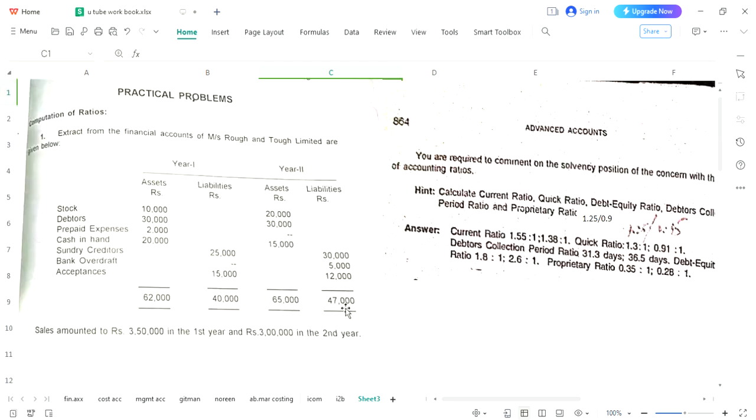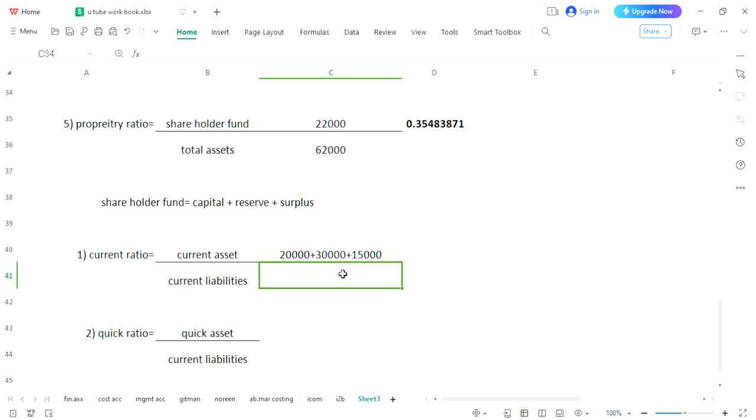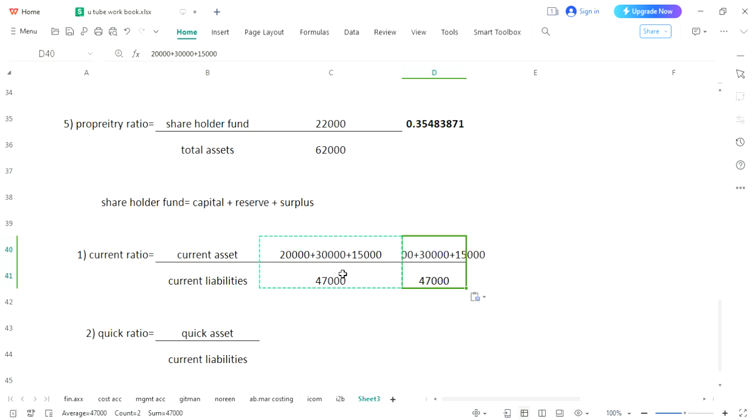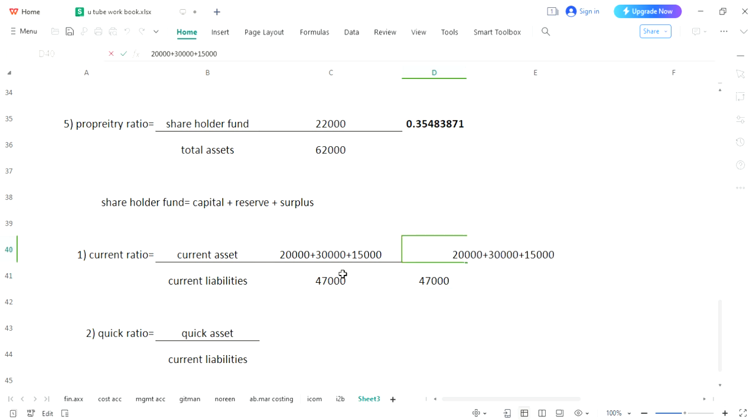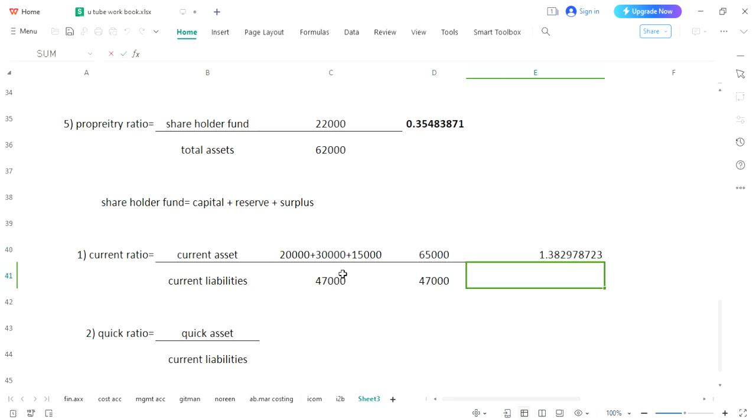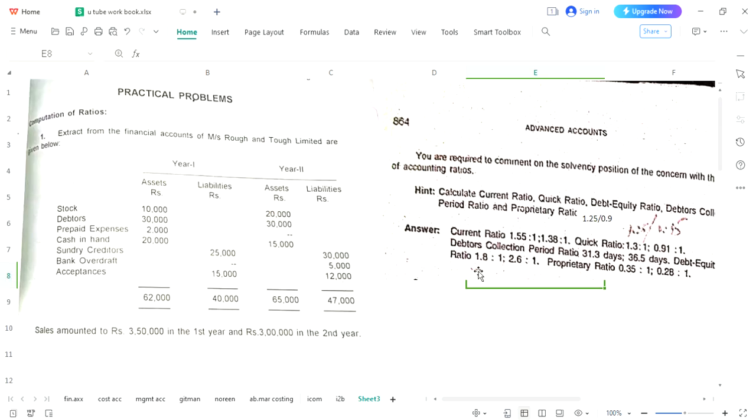Here are current liabilities. All are current. Creditors, overdraft, acceptances 47,000. We will be speedy over here because we have already understood everything. So here let's put them on calculator. First, the sum of current assets calculated. Now let's calculate the answer. Current assets divided by current liabilities is 1.38. So look at here, for second year 1.38 current ratio has been calculated.